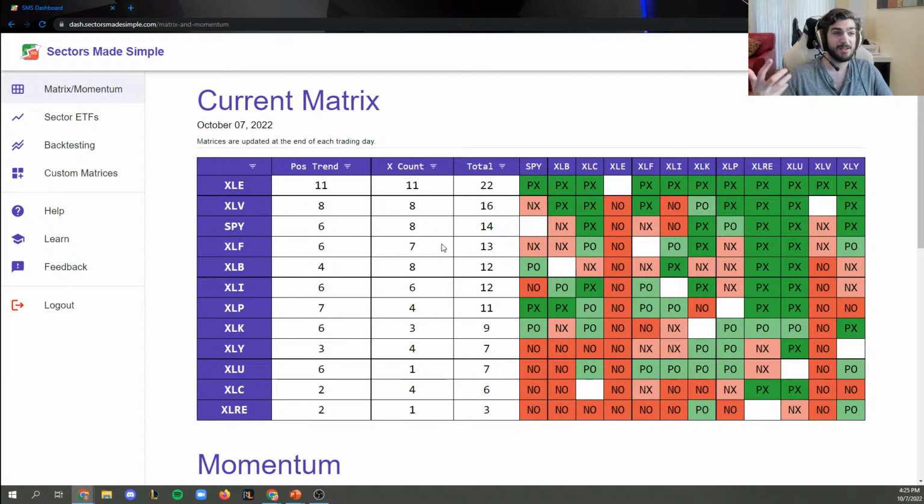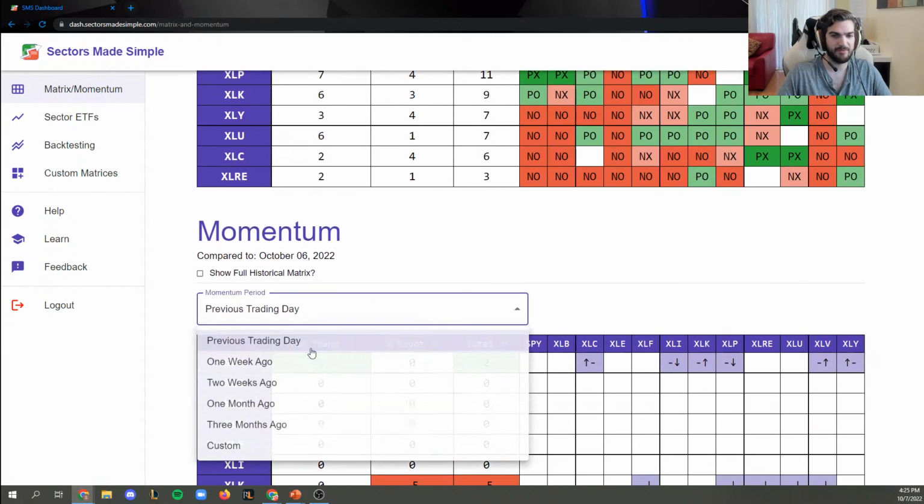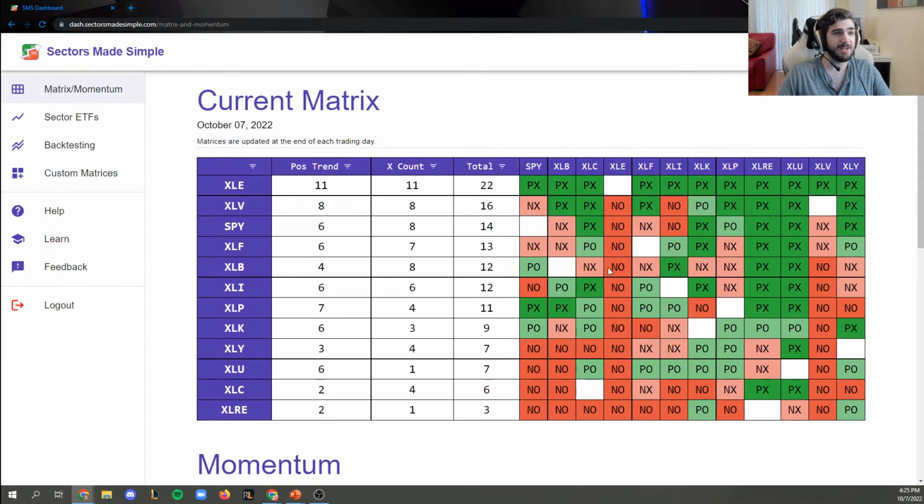It's a very useful way to look at what sectors are the strongest, not in terms of last week's performance, we do have that, by the way, but in terms of right now strength. Who is the buffest? This lets us find that out.